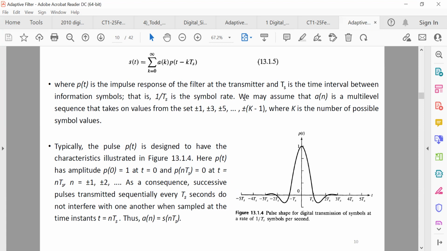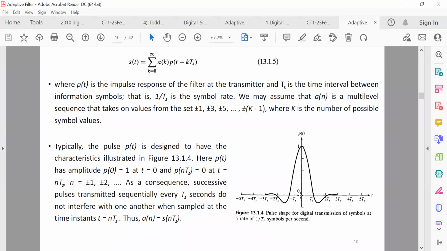What does this Ts mean? Ts means the interval, the period of the signal. Then 1/Ts is the inter-symbol rate. Then a_n may be multi-level signals, so we can consider it that way. Now see, this p(t) is designed in such a way as shown here.